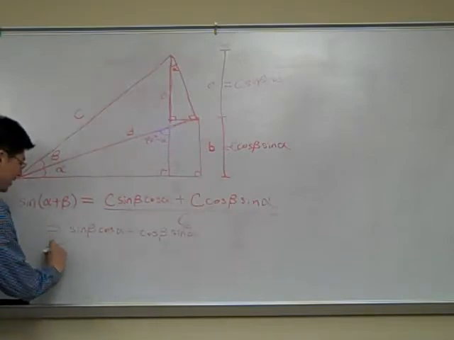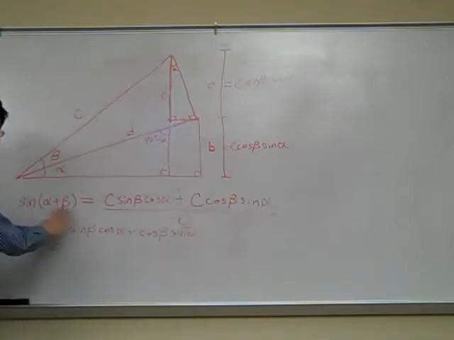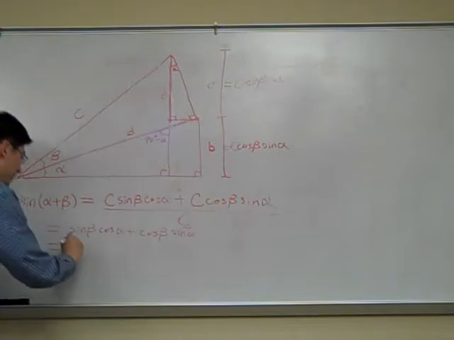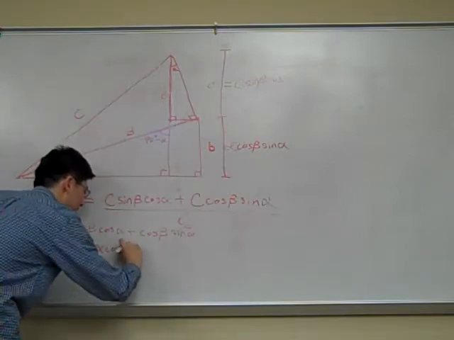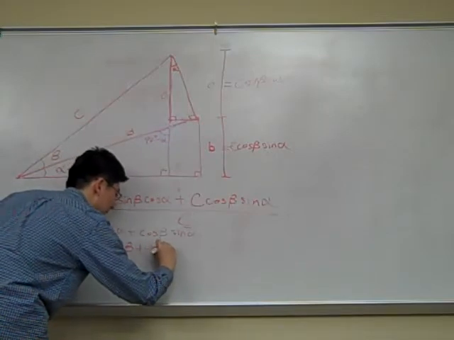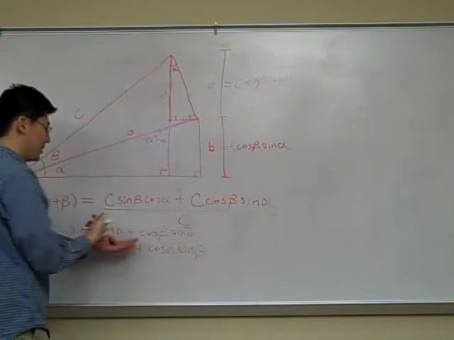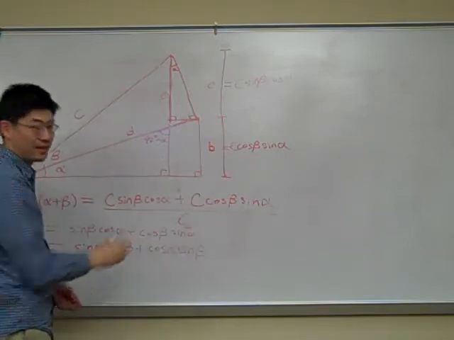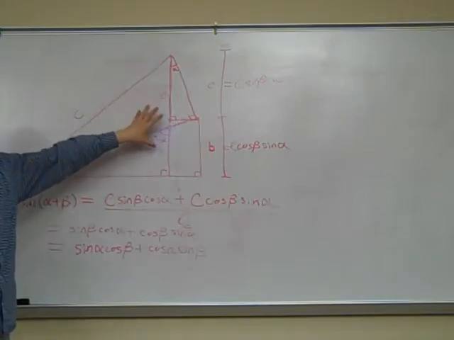Normally, because the beta and alpha are switched around, people write it the other way, just so it's easier to express and remember: sine alpha cosine beta plus cosine alpha sine beta. So it's just switching these two terms around and then switching the inside terms around. So this is the sum identity for sine, and this shows how to derive it.